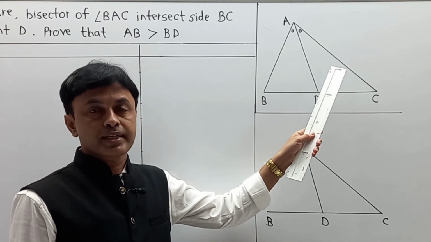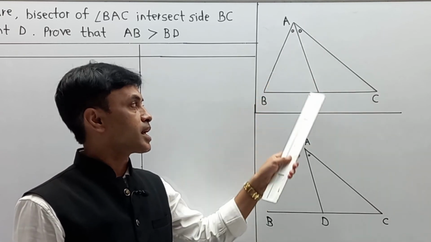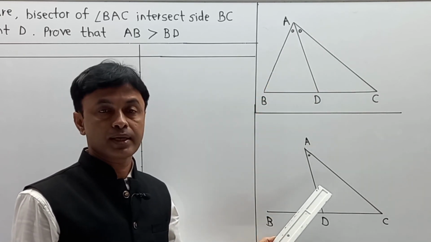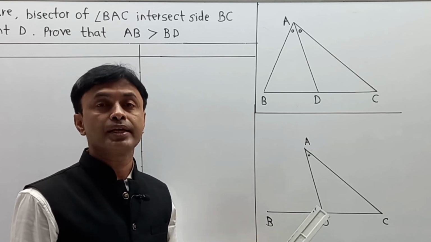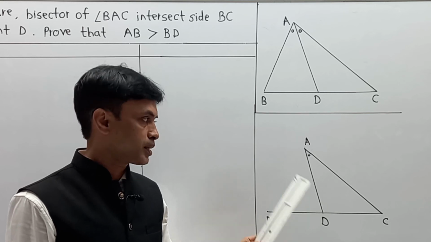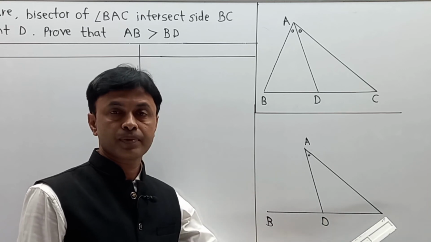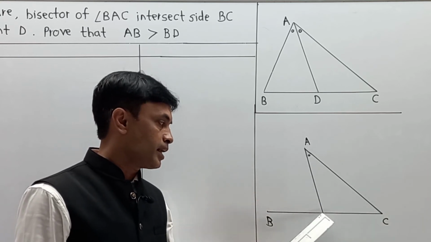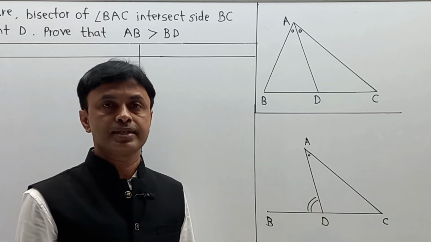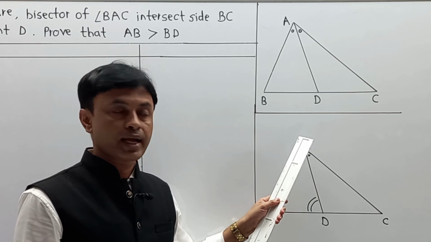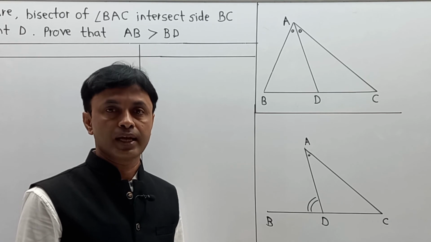After explaining the angle bisector part, showing BAD congruent to CAD, we are moving into the second part. In the second part, we are trying to make a comparison. What exactly? For triangle ADC, angle ADB is an exterior angle. Naturally, we know that the exterior angle of a triangle is always greater than the remote interior angles.